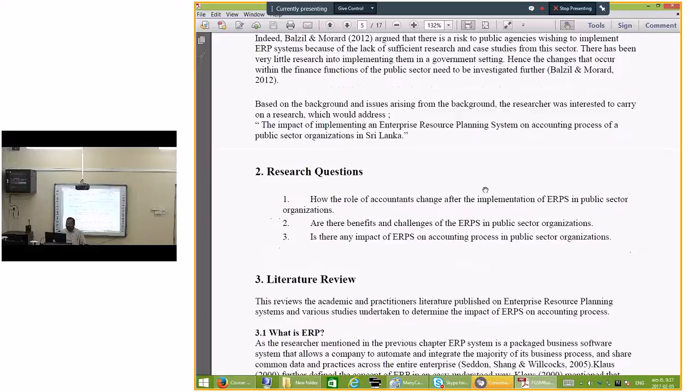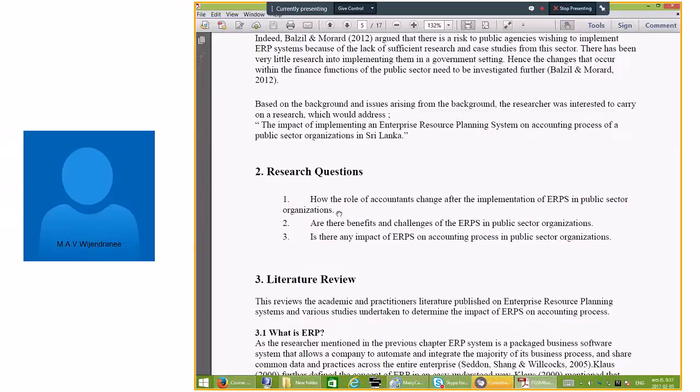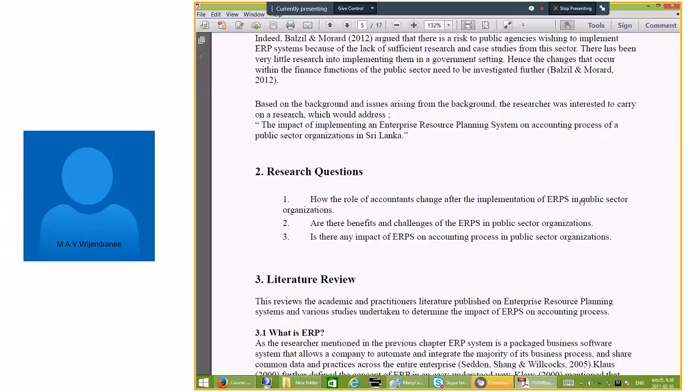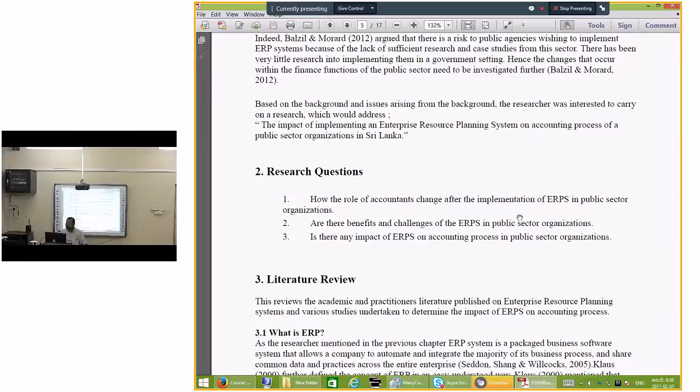Then your research questions are: how the role of accountants changes after implementation of ERP. Not for public sector organizations; everywhere you have to use the word Ceylon Petroleum Corporation in Sri Lanka. Are there benefits and challenges for ERP?